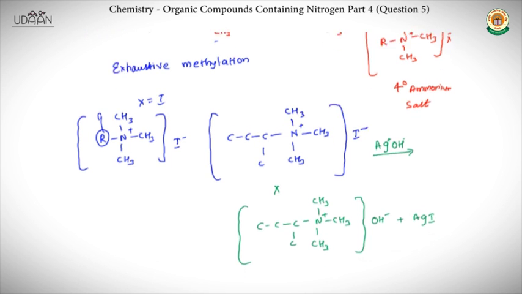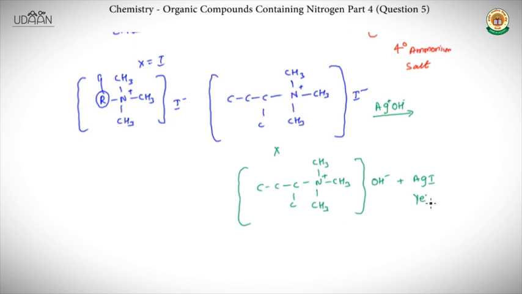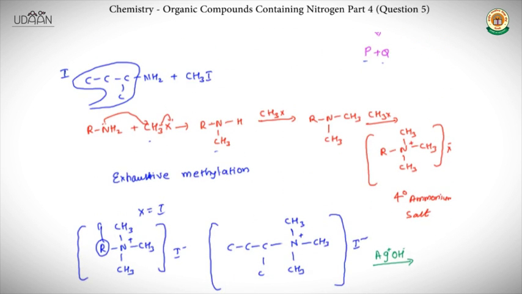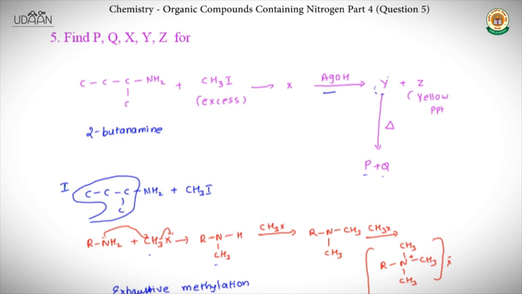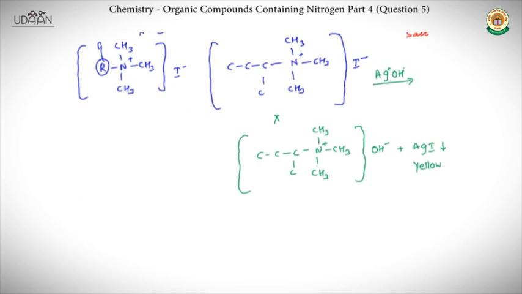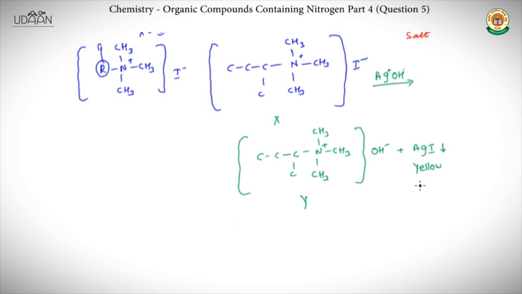This is a yellow precipitate. So in the question you are given that you are getting Y and Z, where Z is the yellow precipitate. So this is your Y and this is your Z. So here we are done with two parts of the question.